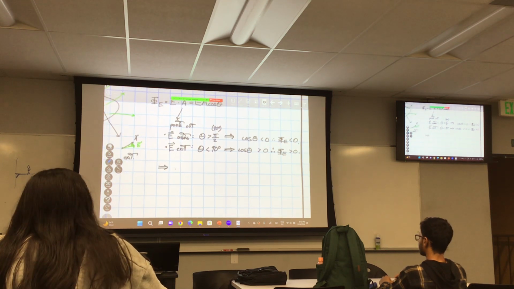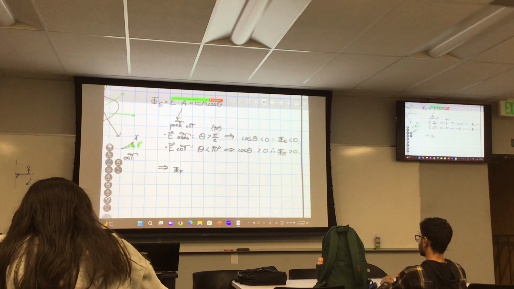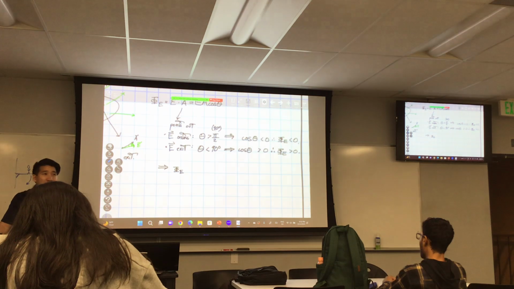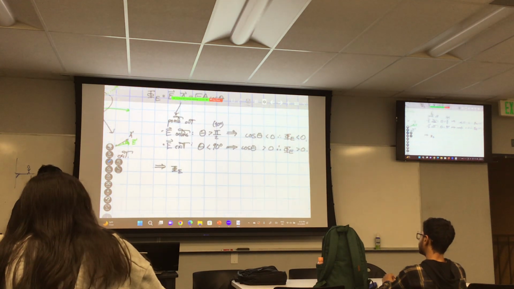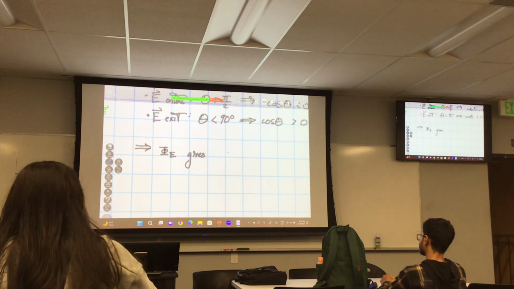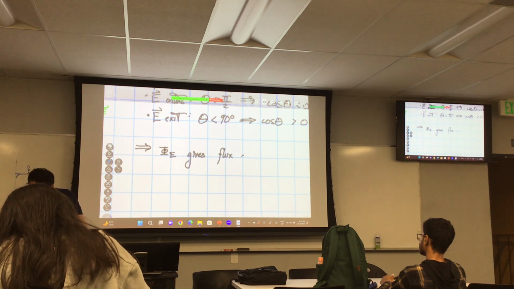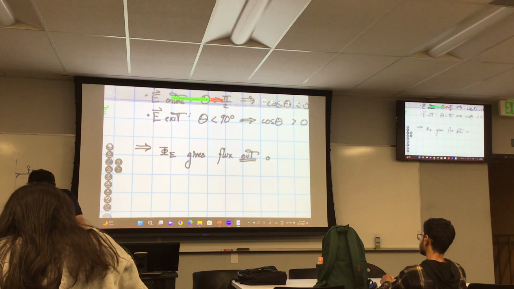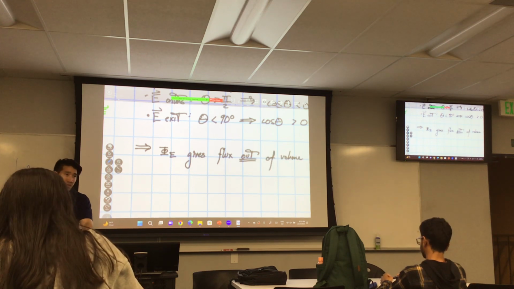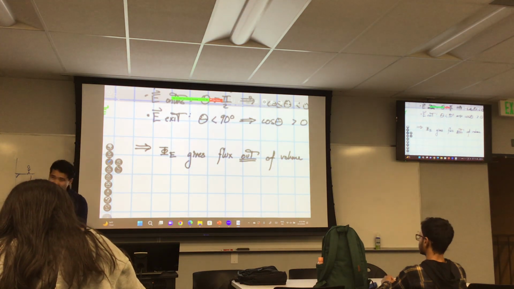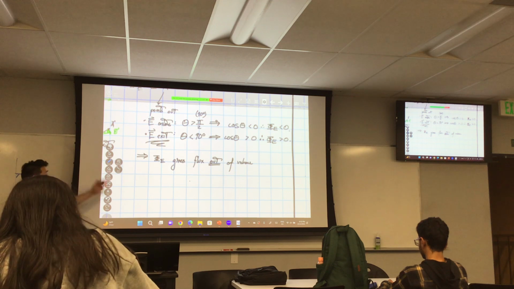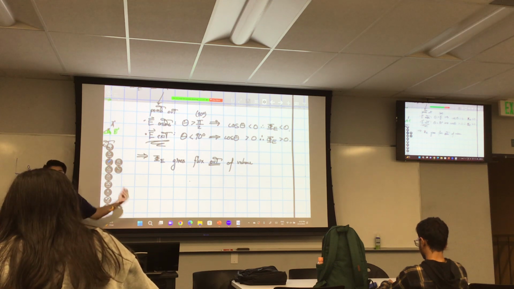So what this tells us is it provides deeper insight as to what the flux is actually trying to symbolize for us. The phi gives the flux out of the volume. It is the net flux out of our volume. And that's why when an electric field line is exiting, we say it has a positive flux.